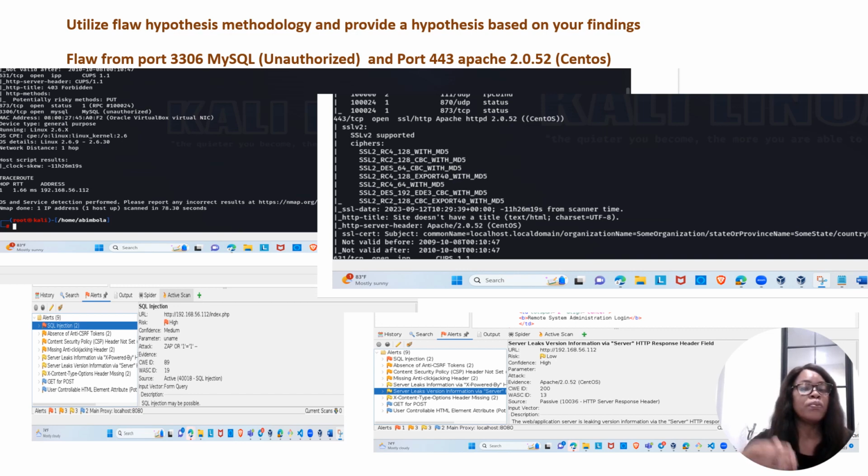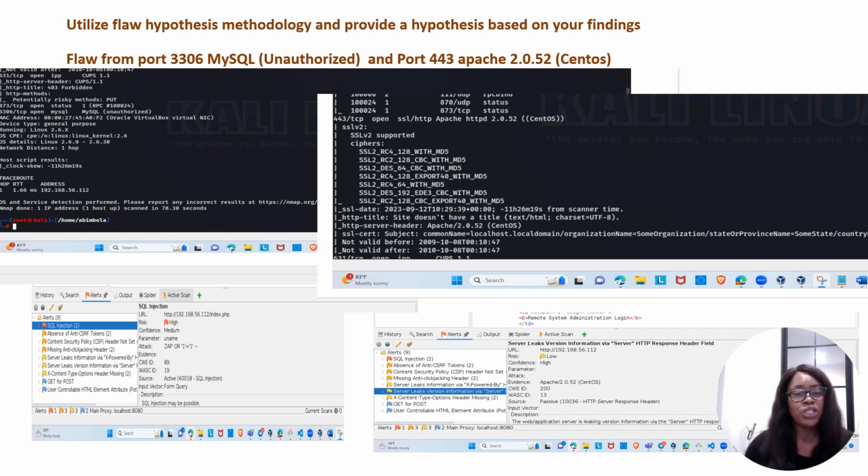So this poses a potential security risk, as the disclosed version information could be exploited by hackers to target specific vulnerabilities associated with that particular server version. So it is crucial to address this issue promptly in order to enhance the overall security of a system by protecting the system against potential cyber threats.